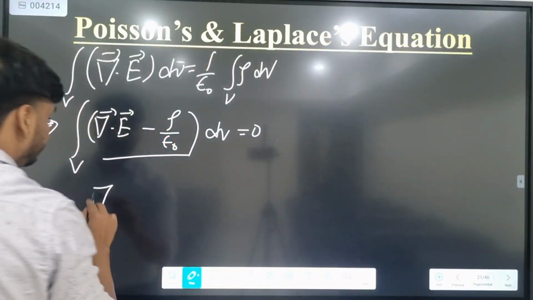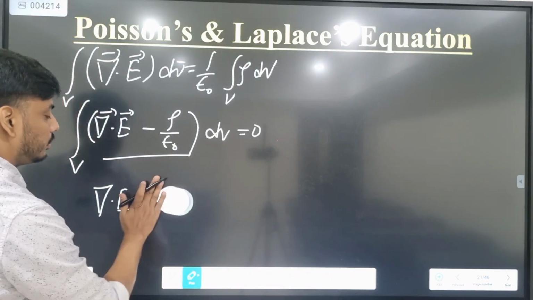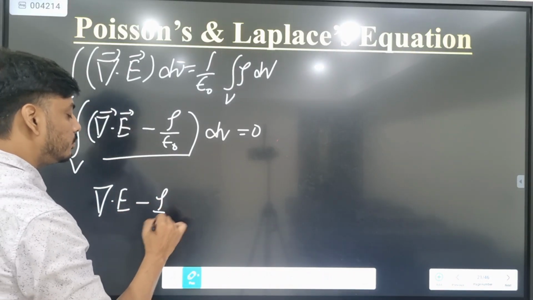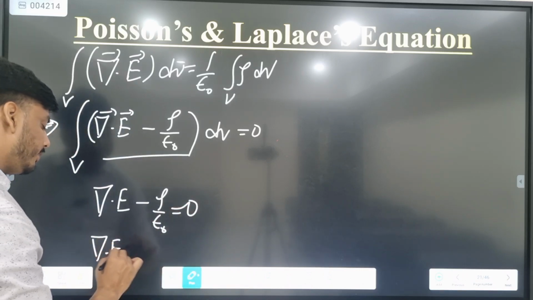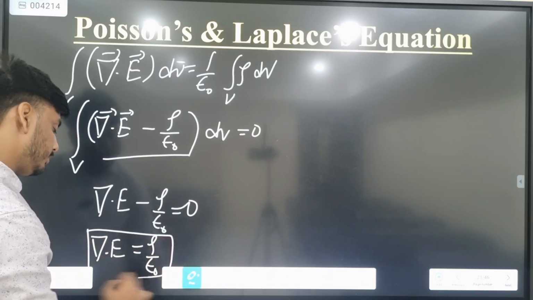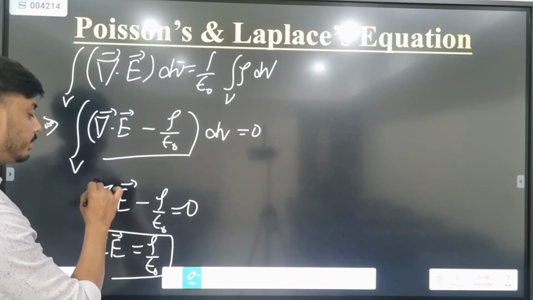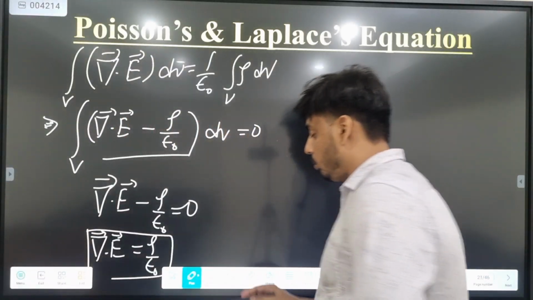So del dot E minus rho by epsilon naught equal to 0, or you can write del dot E equal to rho by epsilon naught. This is the relation between E and rho.